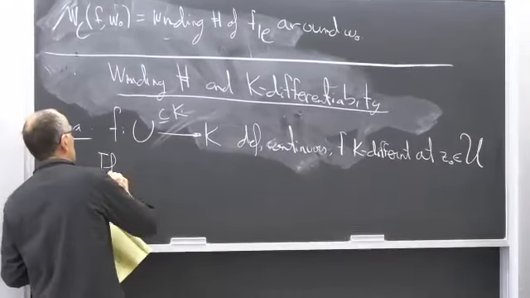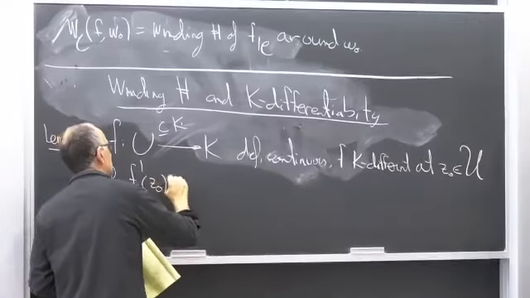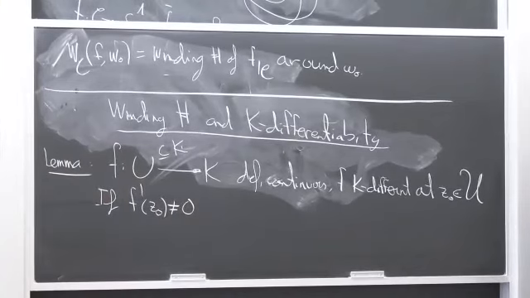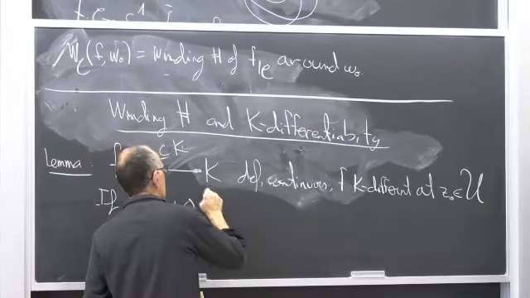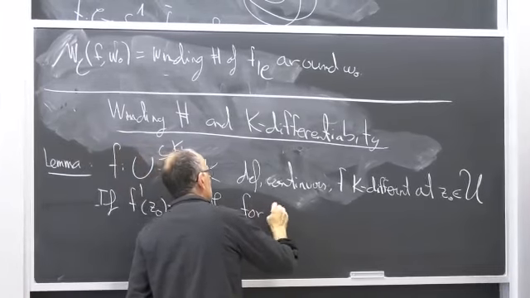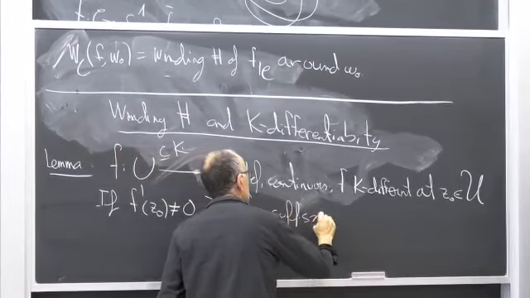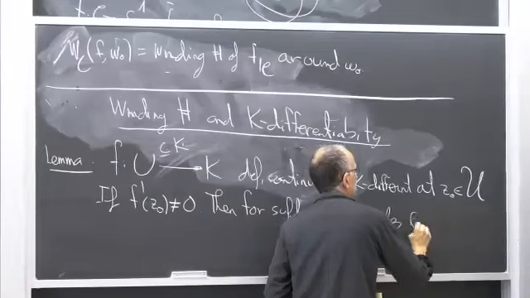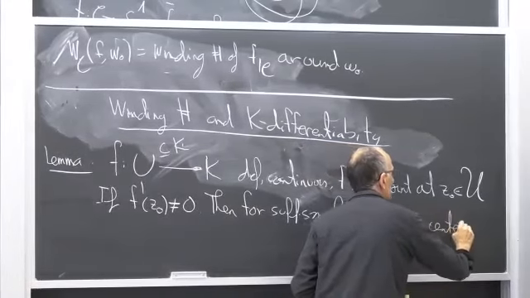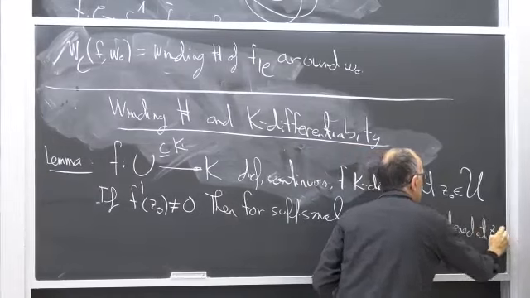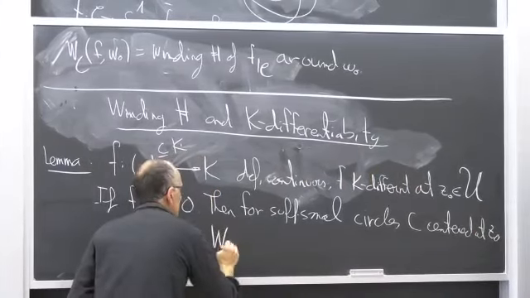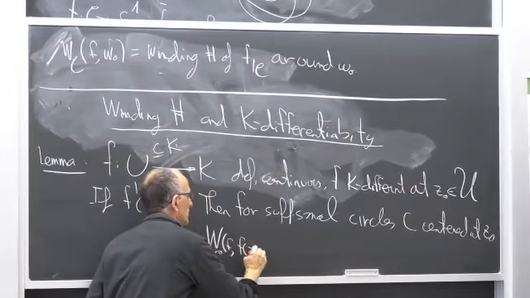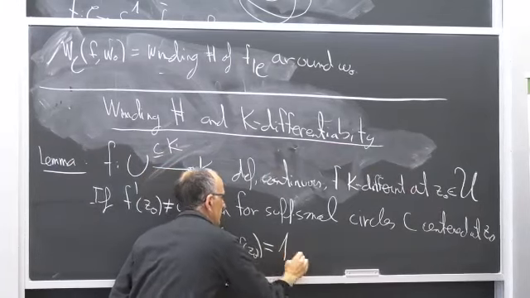If the derivative at z0 is different than 0, then for all sufficiently small circles C centered at z0, the winding number of f along C around the image of z0 is +1.